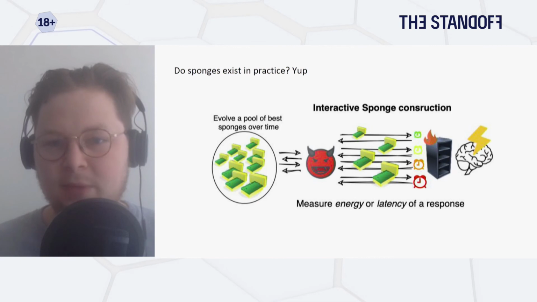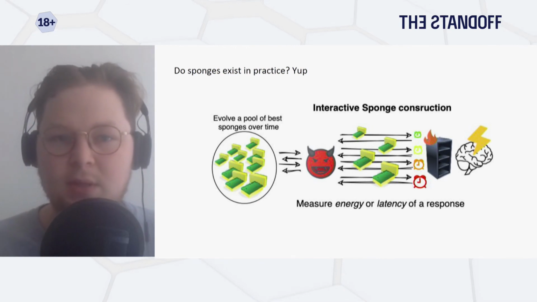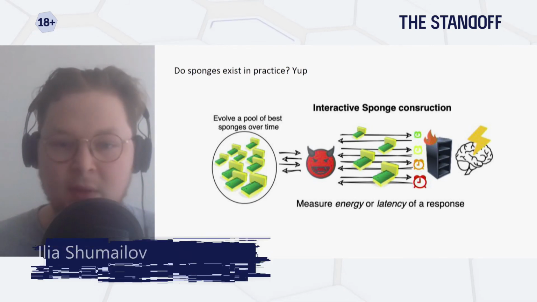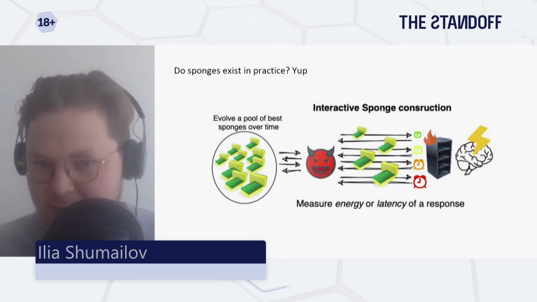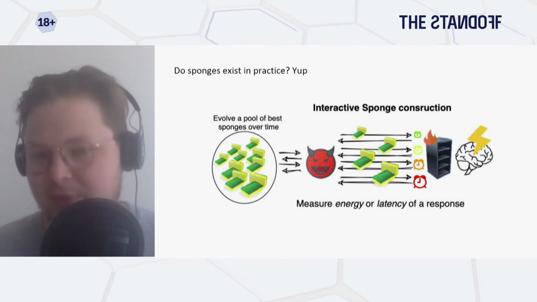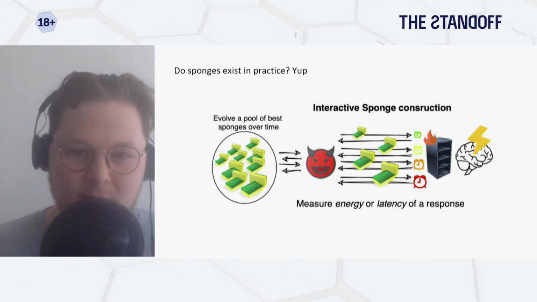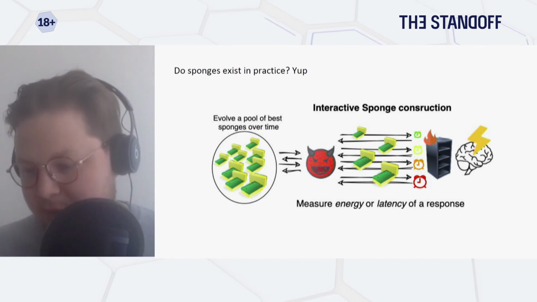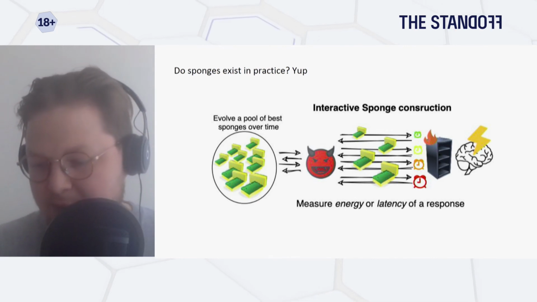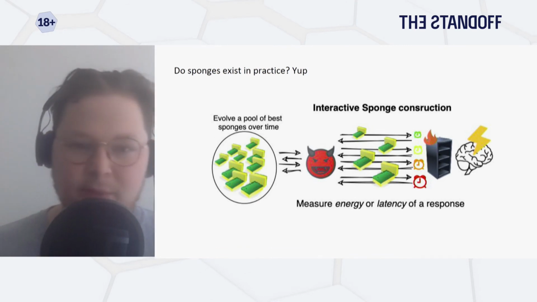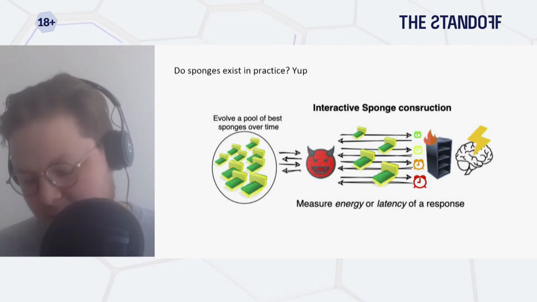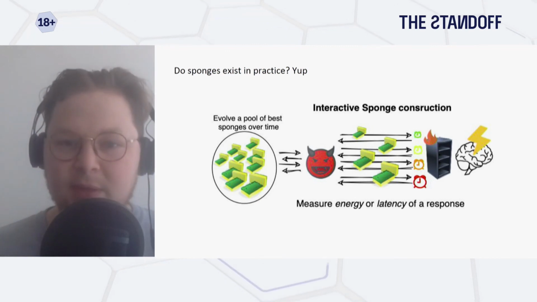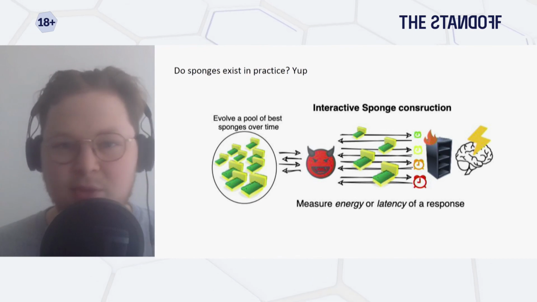So here you may want to ask a question: do sponges exist in practice? Namely, can we actually perform an attack on an actual system, not something in our home, and over the network, obviously? We're currently in the process of responsible disclosure. We took one of the systems provided by a big provider. Again, we took just the translator, and we ran the black box attack, namely the time measurement attack.